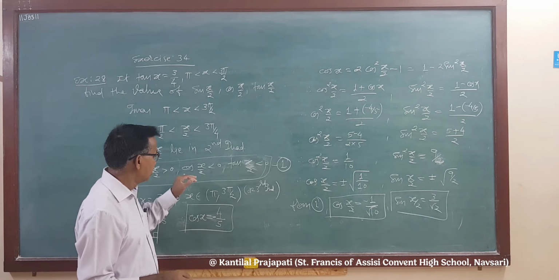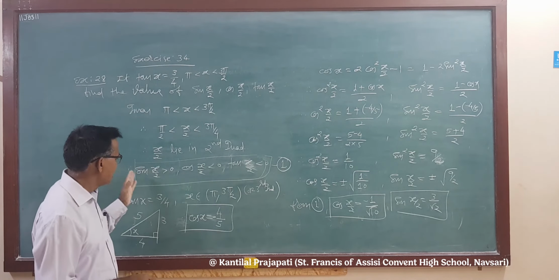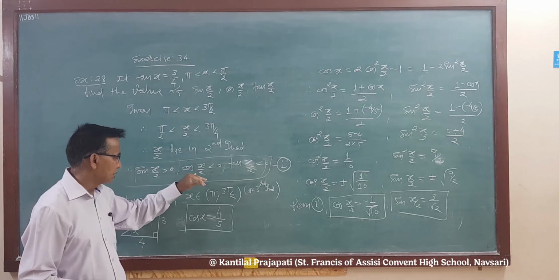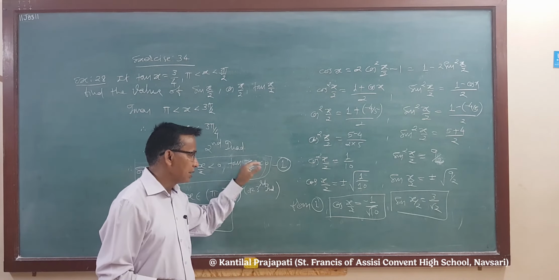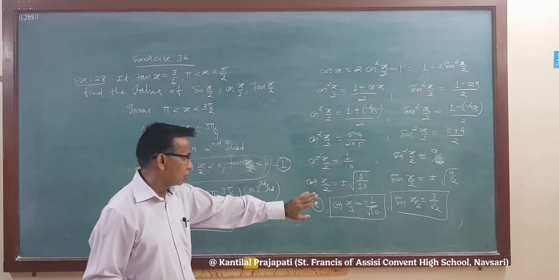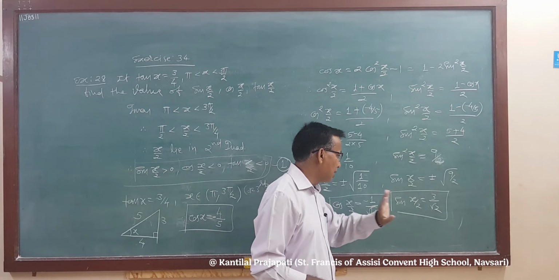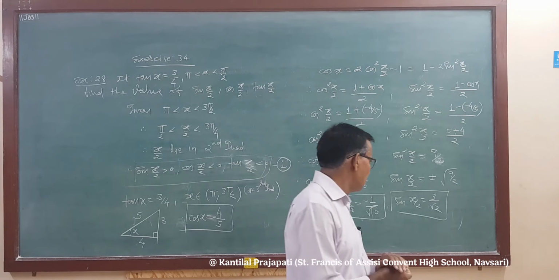Again see here, we have already derived the sign of sin x by 2, cos x by 2 and tan x by 2. Sin is positive, cos is negative, so tan x by 2 is negative. So cos x by 2 is minus 1 upon root 10. Sin x by 2 is 3 by root 2.